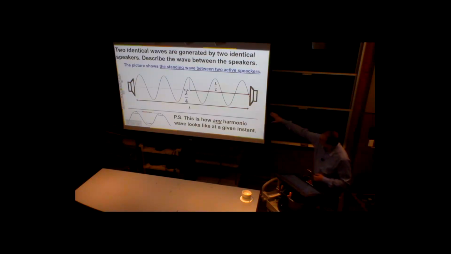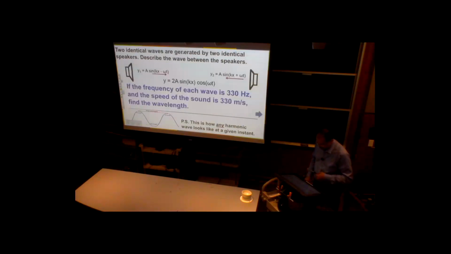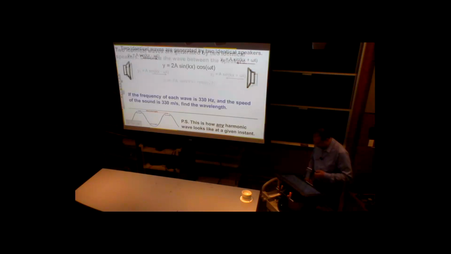All right, so this is a standard profile of a driven standing wave. And now, of course, we can answer the question about whatever is happening between. The frequency was 330, and the speed of sound is 330. So that automatically tells us the wavelength equals 1 meter.